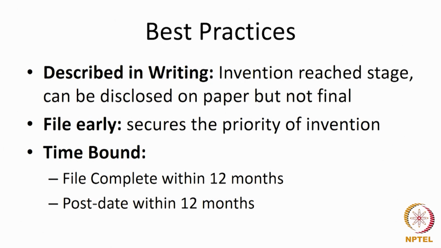Though the invention may be ready, it may not be a time where he can sit and draft the claim. The details of the claims have not come, or he wants to preserve the priority. So, when the invention has reached the stage where it can be disclosed in writing, that is the point at which the provisional is usually filed. It is filed early so that it secures the priority of the invention.